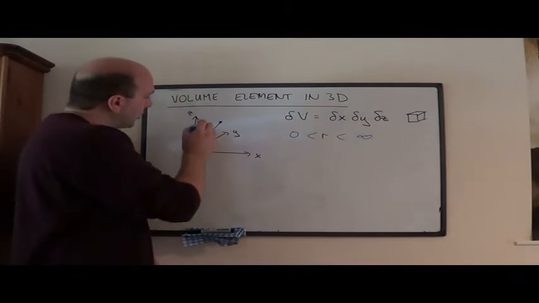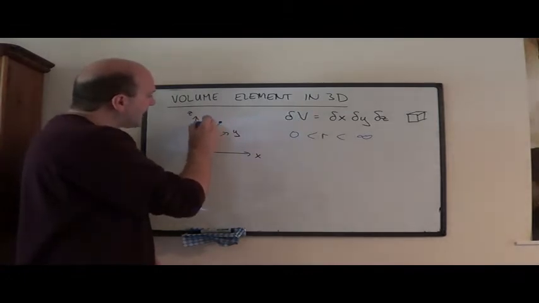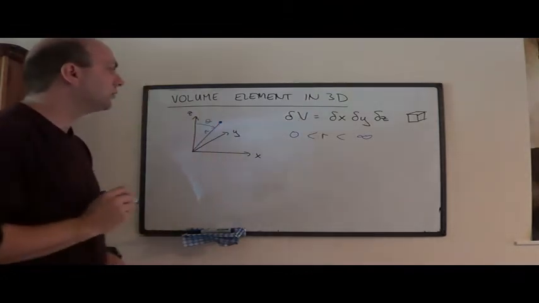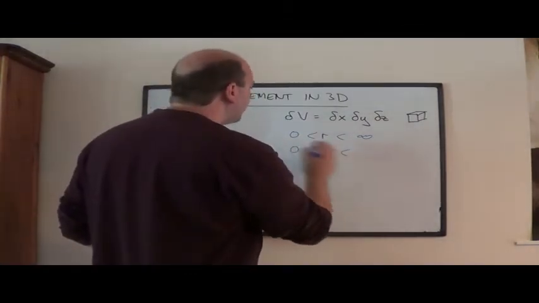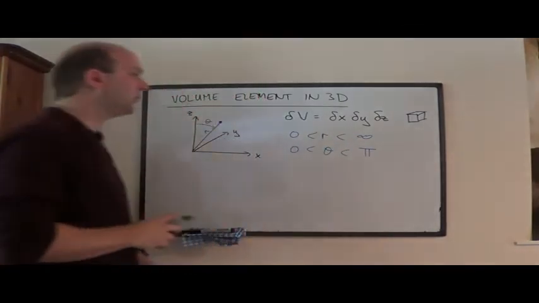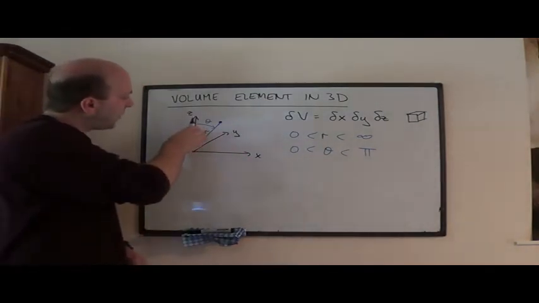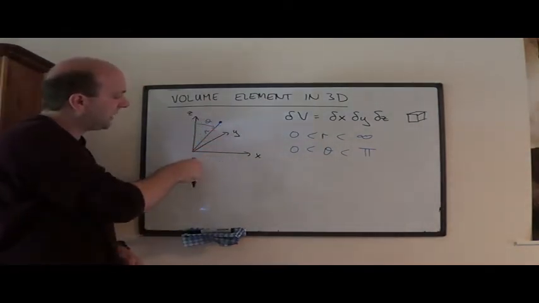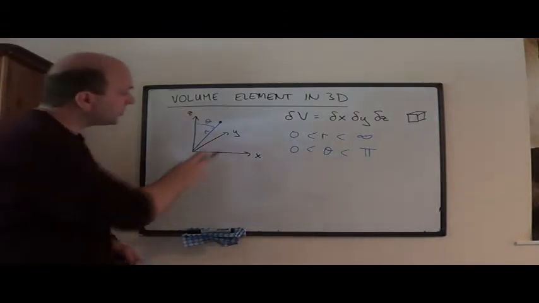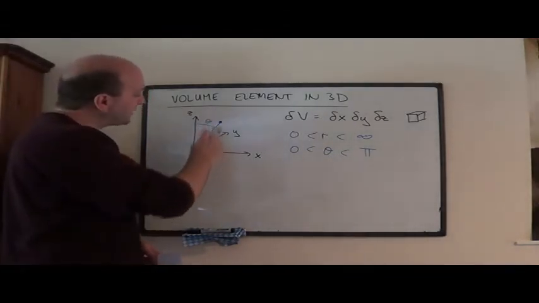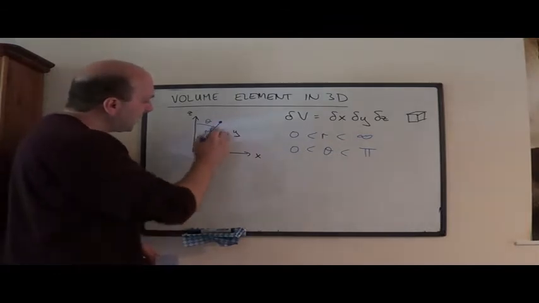A second coordinate is the angle from the z-axis, which is traditionally called theta, and I'm going to allow theta to vary between 0 and pi. So between 0 and 180 degrees I can go anywhere from here to here. The third coordinate is going to be in the xy plane.